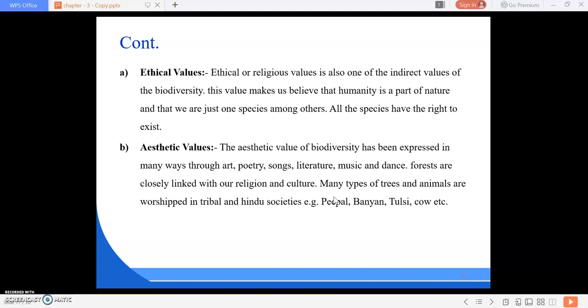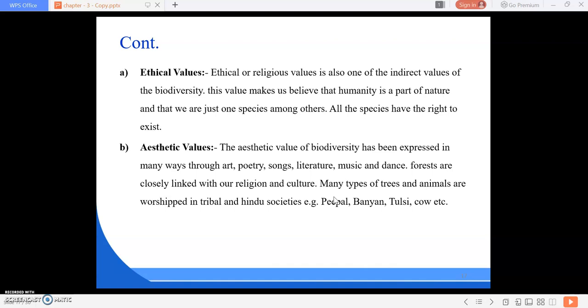What are they? The aesthetic value of biodiversity has been expressed in many ways through art, poetry, songs, literature, music and dance. Forests are closely linked with our religion and culture. The human race has a great evolutionary attachment with forests, as our ancestors lived in the forest.